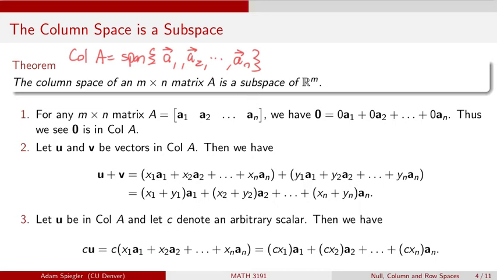And now I can see that c times u can also be written as a linear combination of column vectors of matrix A. So c times u, therefore, is also in the column space of A. So the column space of A is closed under scalar multiplication. So this verifies that the column space is indeed a subspace of the codomain, which is Rm.